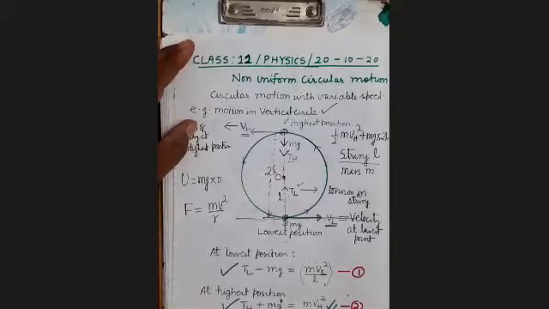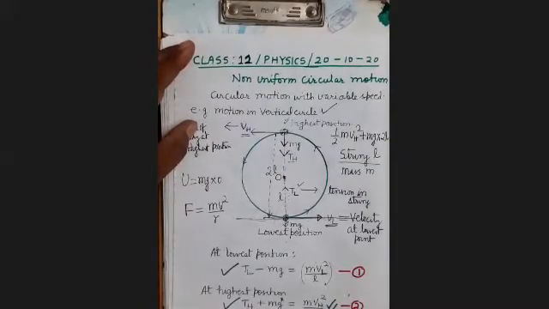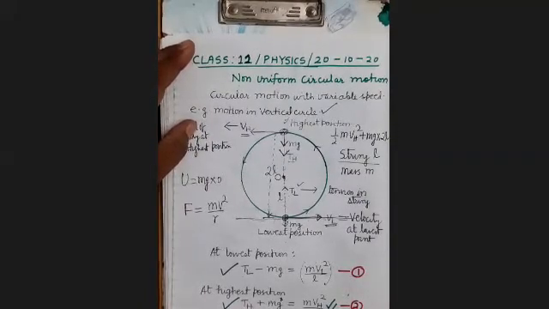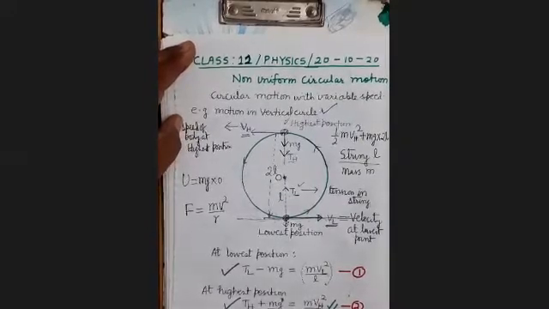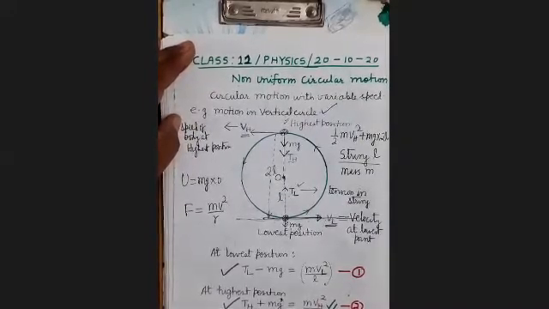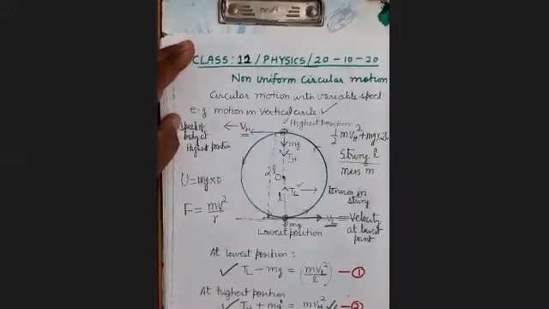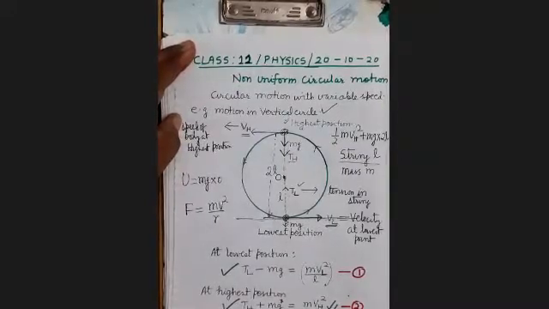Therefore, this side should also decrease up to the same level. Suppose earlier it was 100 Newton. After decreasing the speed, it has become 70 Newton. So this should also be equal to 70 Newton. But this can decrease only by decreasing the tension because there is no chance of decrease in mg.